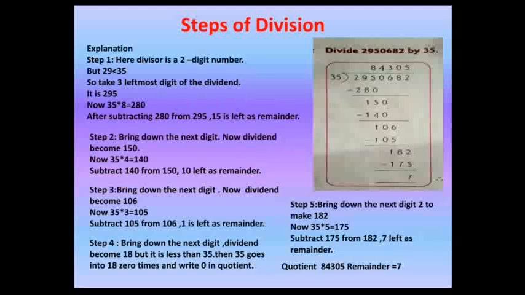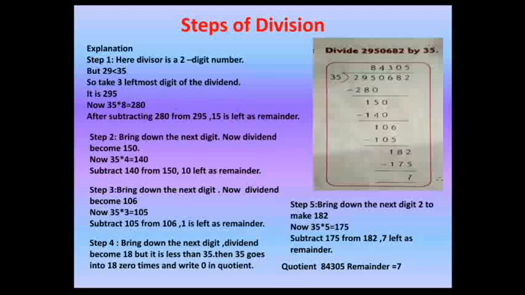Now start multiplying 35 randomly, like with 8, 9, 7. When you multiply 35 by 8, you will get 280. A number which is less than or equal to 295 is the only one acceptable. So 280 is less than 295.